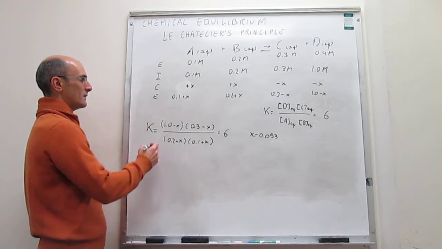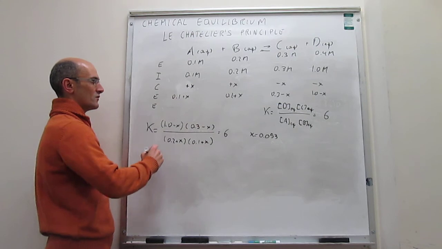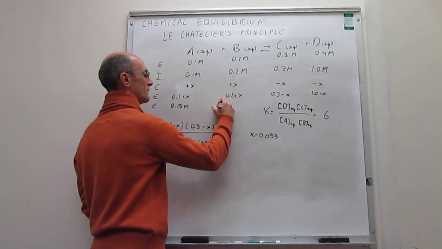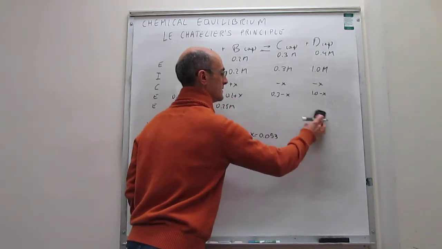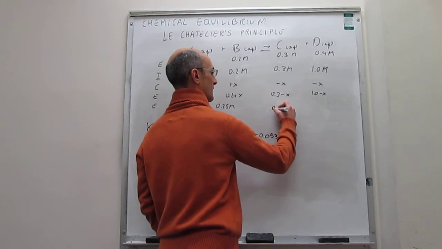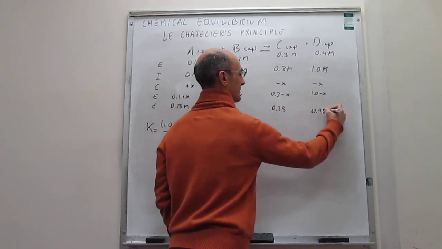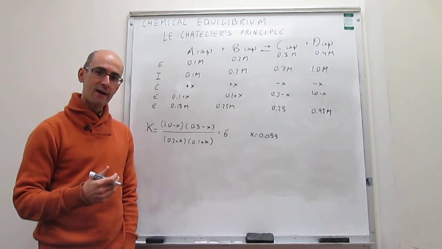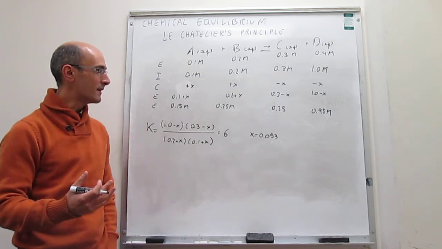Once you get back to the equilibrium row, the final concentrations are going to be 0.15 molar, then 0.25 molar, and that will be 0.95 molar. So clearly, the equilibrium calculations have borne out the prediction by Le Chatelier's principle.